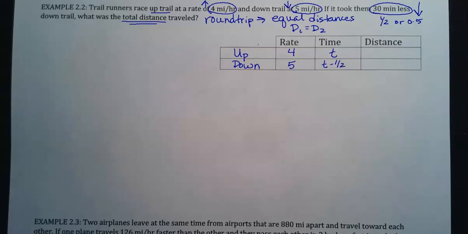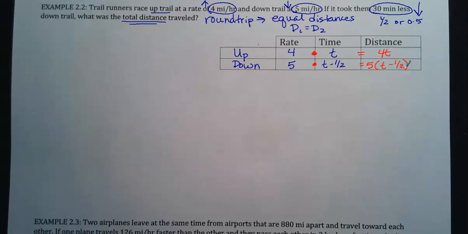Now that we have our rate and our time, we can complete the distance. Because remember, this is just multiplying. Rate times time equals distance. So this is 4T. You could leave it as 5 times the quantity T minus 1/2 if you wanted.